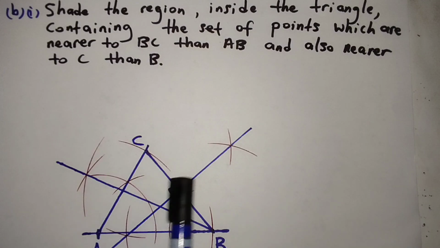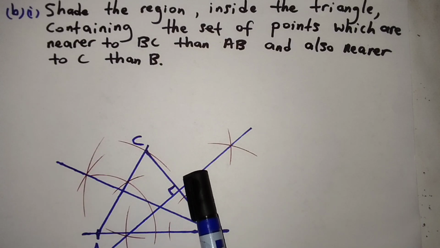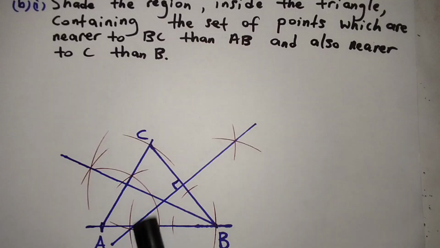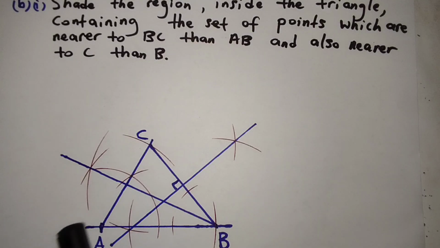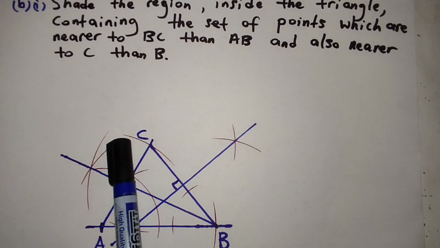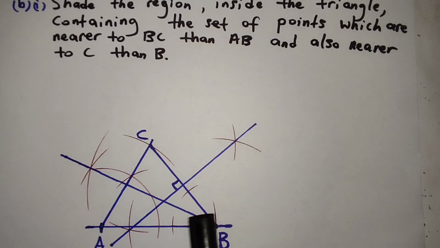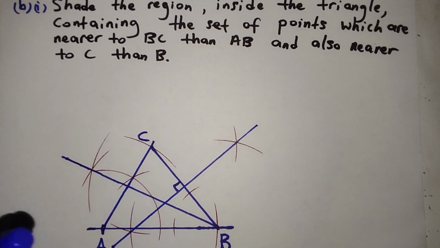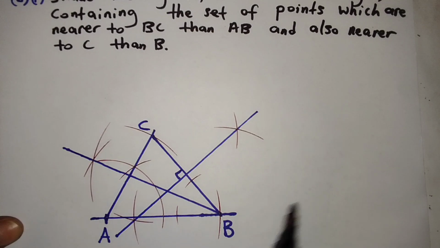So this is BC, nearer to BC than to AB. Okay, and also nearer to C than to B. Okay, so the region which contains a set of points which are nearer to BC than to AB and also nearer to C than to B is this one here.